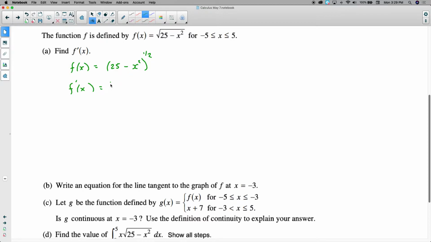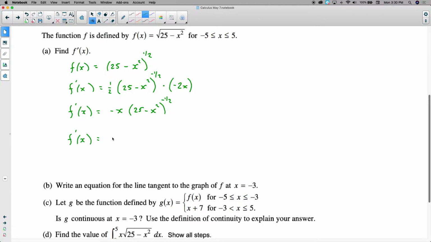Okay, so I've got 1/2, and then we have the interior function raised to 1 less of a power by the chain rule times the interior function's derivative, which is negative 2x. Okay, so now I've got f prime is equal to negative x, and then 25 minus x squared to the negative 1/2. Now that's a good answer, and you could leave it like that and get away with it.